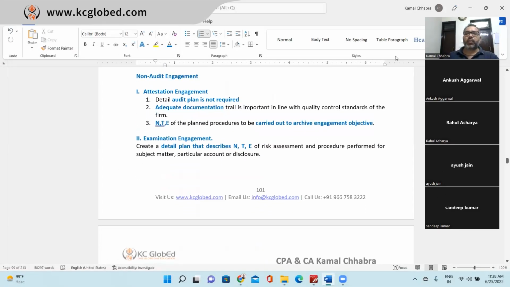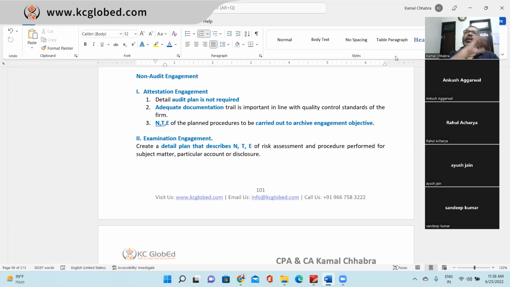Now coming to the non-audit engagement. First one is attestation engagement. What all things you will keep in mind when you are developing the audit plan or attestation plan? First, a detailed audit plan might not be required for an attestation engagement, because when you are doing an attestation, you will be doing it for one or two financial statement line items or disclosures.